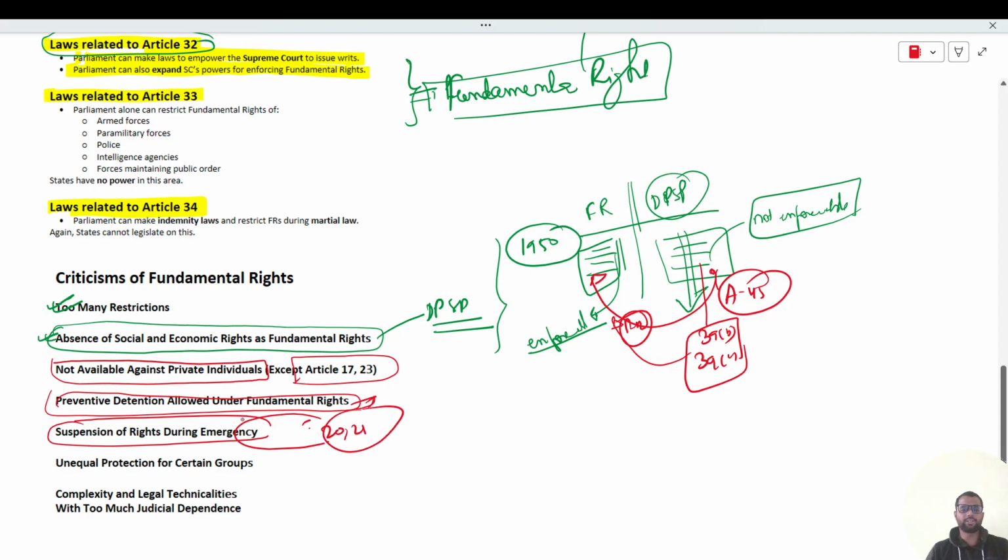All other fundamental rights are suspended during national emergency. So the suspension of the rights during national emergency is also a sort of criticism on the part of fundamental rights, because it is said that the personal liberty gets weakened during the crisis time. If there is a crisis, your personal liberty gets weakened.